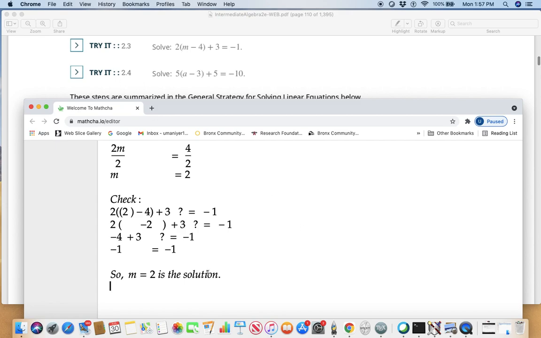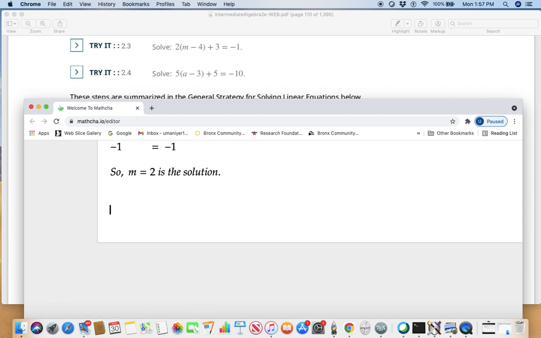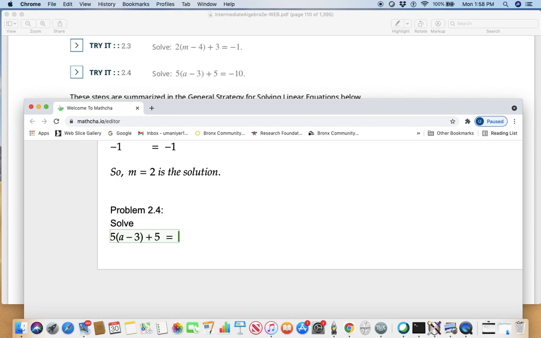Now let's try problem 2.4. You want to solve the equation 5 times a minus 3, plus 5 equals negative 10. Simplify the right, simplify the left. The right is simplified already.